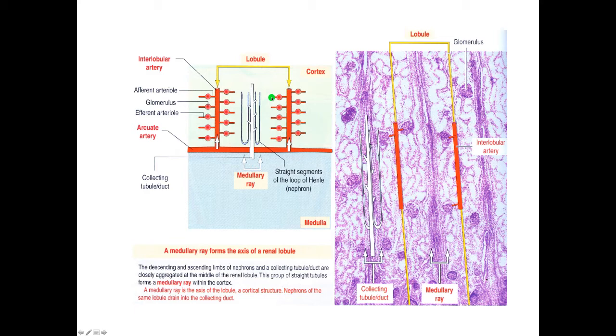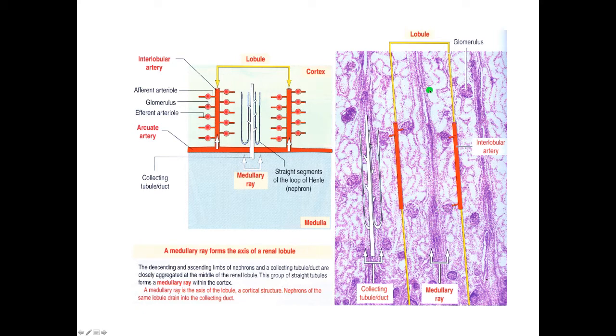So if I go over to the diagram on the right, here you might imagine here's a glomerulus, here's a glomerulus, another glomerulus. So you might imagine an interlobular artery like so. By the way, this interlobular artery is also called a cortical radial artery, but this interlobular artery giving rise to an afferent arteriole.